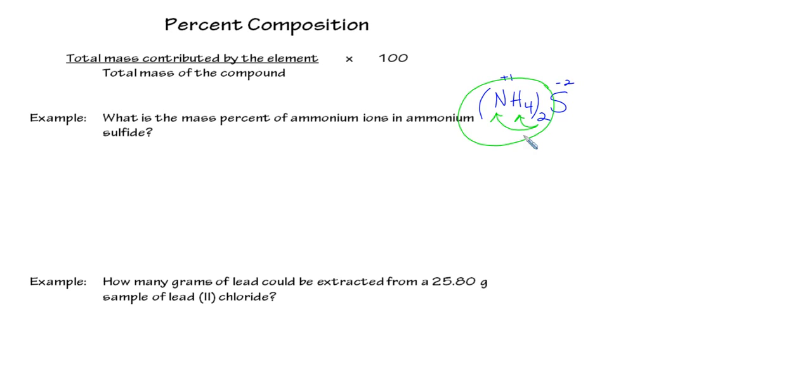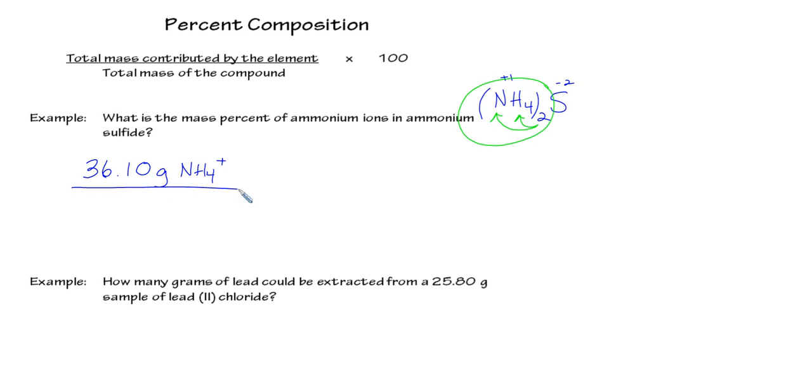So 2 nitrogen, 8 hydrogen gives me a mass of about 36.10. There's the mass of all the ammonium ions. There are 2 of them. Divided by the mass of the compound.